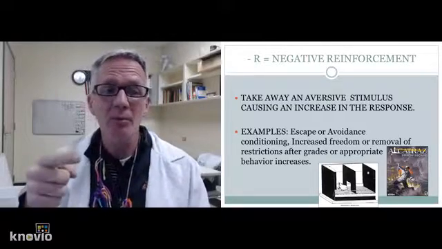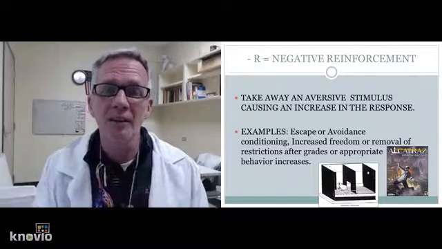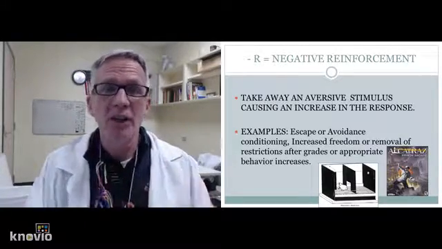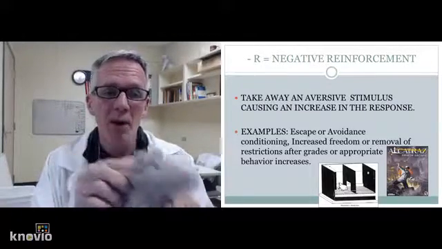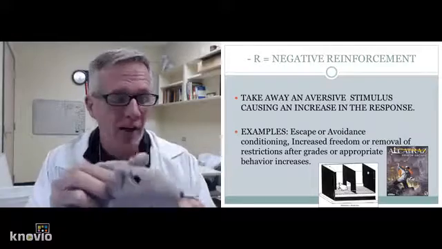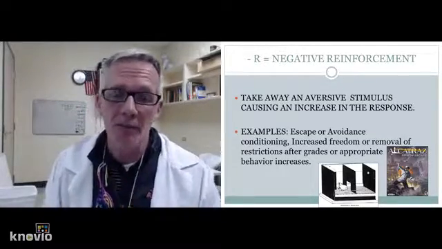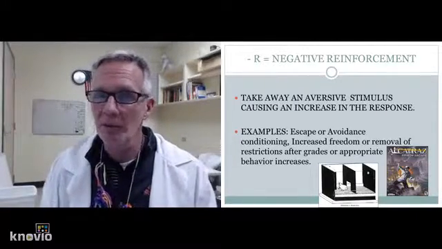I can get him to run through the door by giving him food on either side, which is positive reinforcement, or having him remove the shock. I can get a rat to bar press to increase his behavior to get food, or I can get him to bar press to turn off a shock. Both will increase the behavior, okay? Example in your life might be increased freedom or removal of restrictions after grades or appropriate behavior increases.